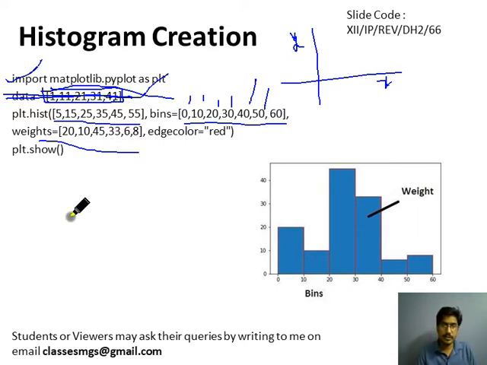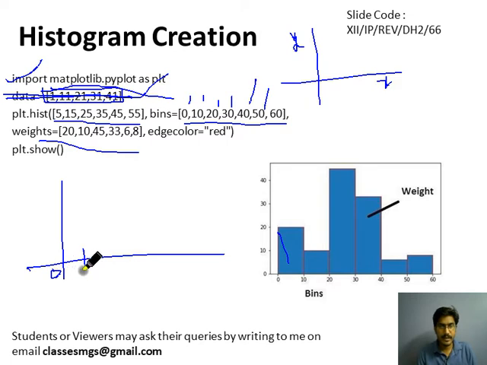So first, we will draw the bins. Like this is 0, then this is 10. We are taking the interval as 10, then we are taking 20, then 30.